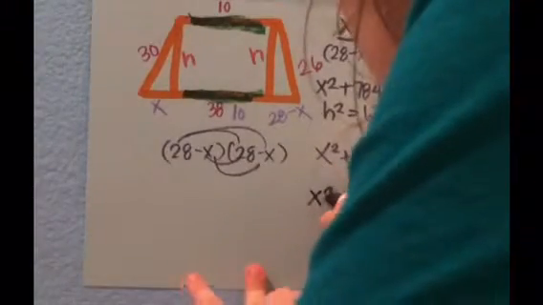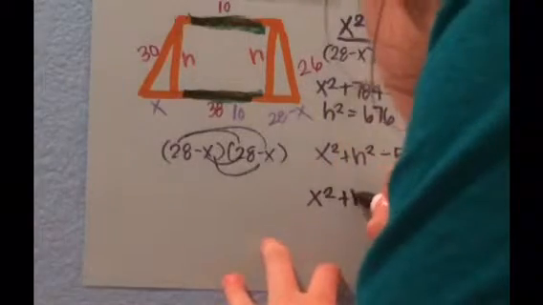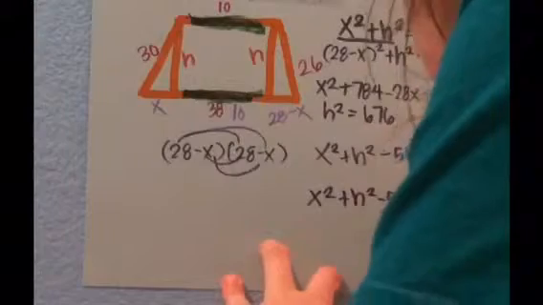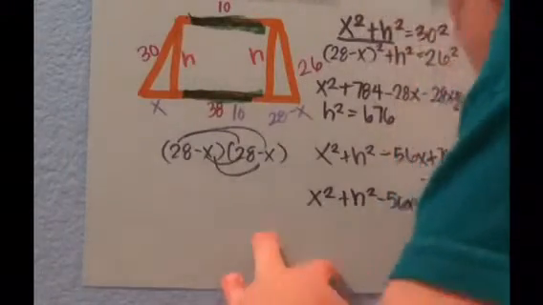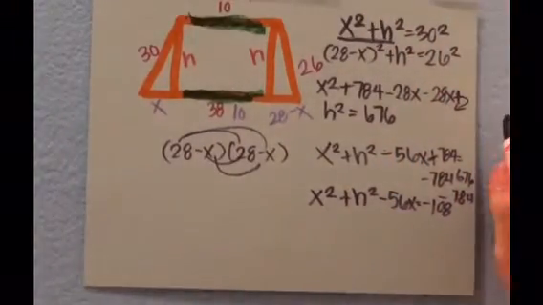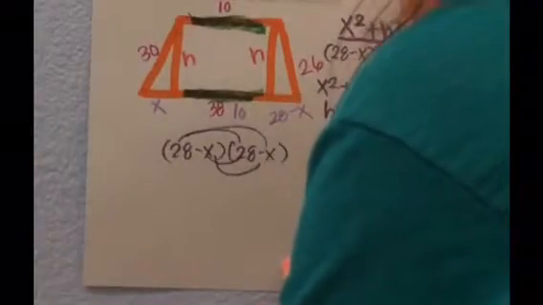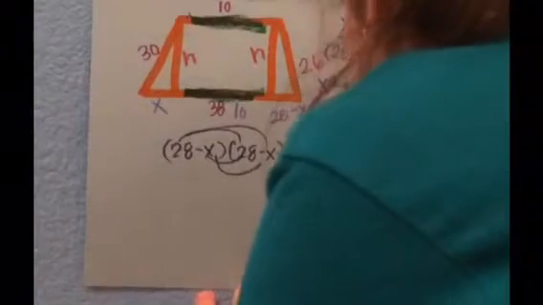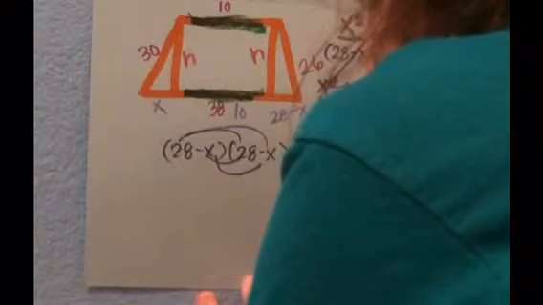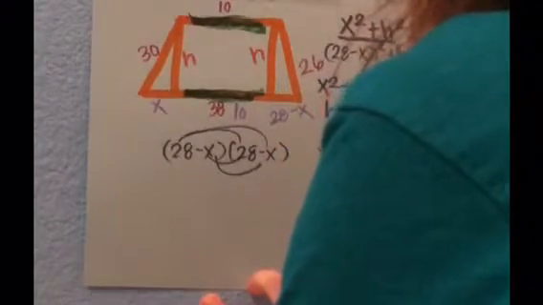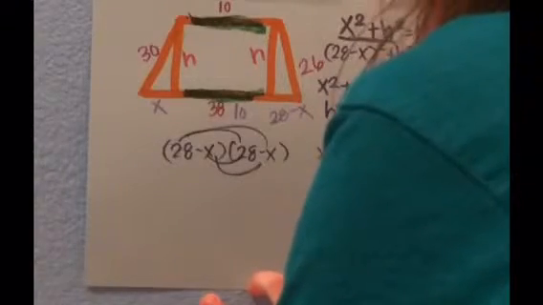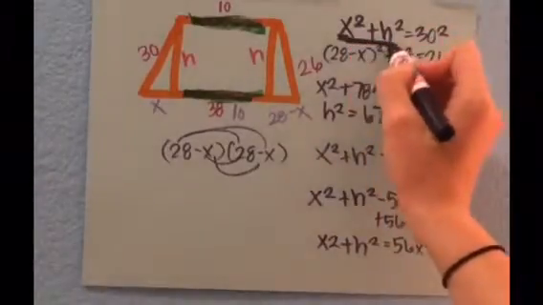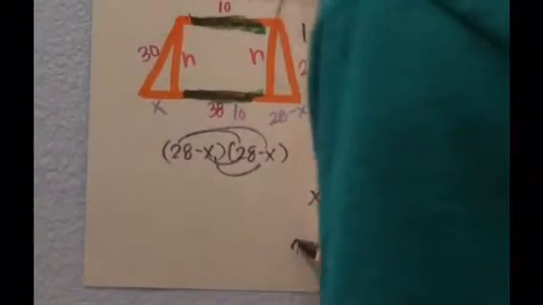So right now we have x squared plus h squared minus 56x gives us negative 108. So now we have to add over 56x. So now we have like terms because x squared plus h squared gives us 56x minus 108. So now up here, here's our first equation. Here's our second equation now.